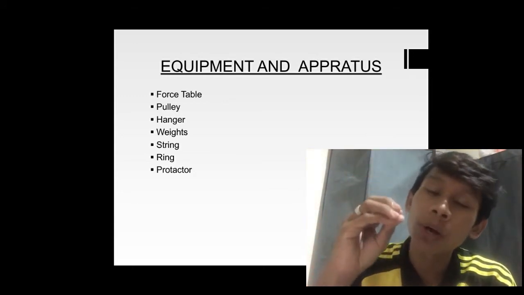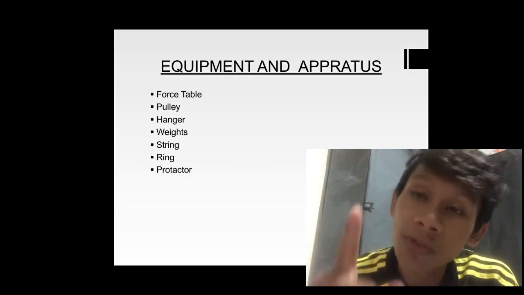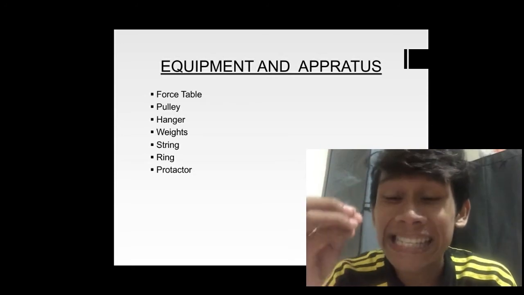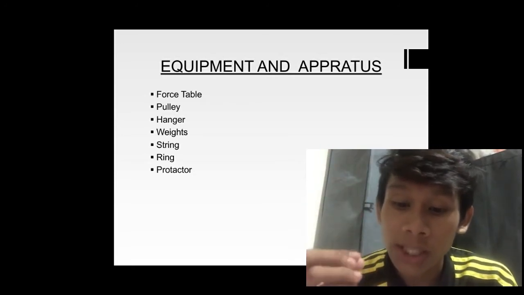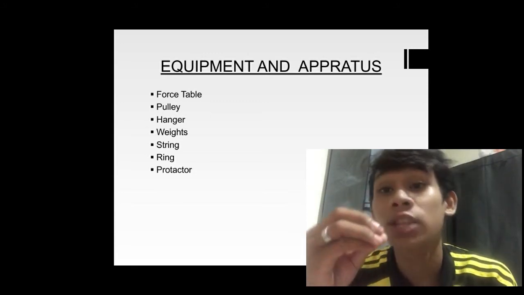I will explain the function of five of the seven. Firstly, the force table is a common physics lab apparatus that has three strings or cables attached to a center ring.